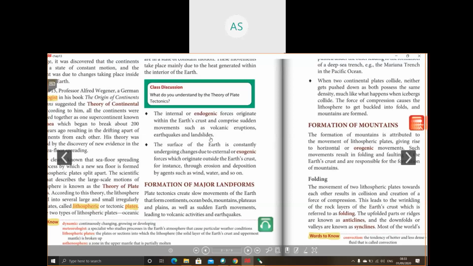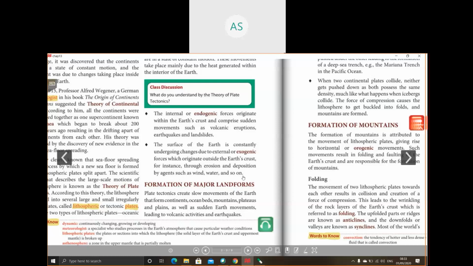By this, volcanic eruptions, earthquakes and landsliding will occur. The surface of the earth is constantly undergoing changes due to external or exogenic forces which originate outside the earth crust, for instance through erosion and deposition by agents such as wind, water, and so on.